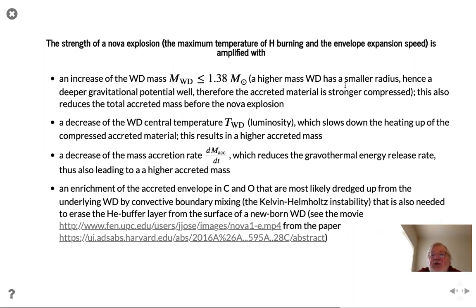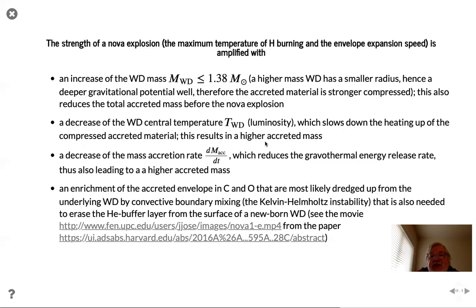A higher mass white dwarf has a smaller radius, we know this, therefore it has a deeper gravitational potential well, therefore the accreted material is compressed more strongly. This also reduces the total accreted mass before the nova explosion. The strength of nova explosion is also amplified with a decrease of the white dwarf central temperature or white dwarf luminosity, because this slows down the heating up of the compressed accreted material.